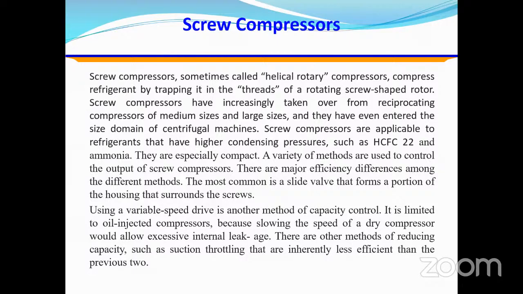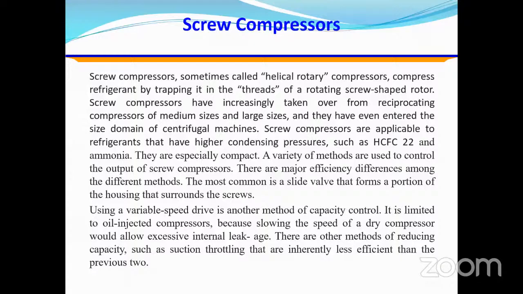A variety of methods are used to control the output of screw compressors. There are major efficiency differences among the different methods. The most common is a slide valve that forms a portion of the housing that surrounds the screws. Using a variable speed drive is another method of capacity control.